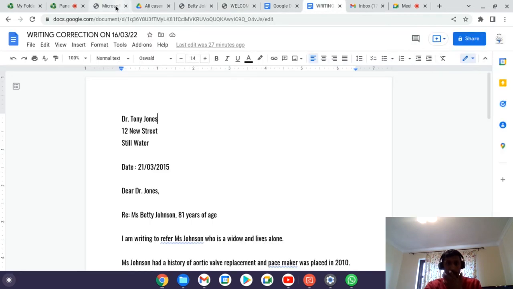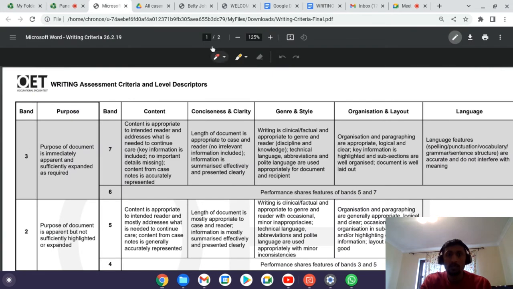Here you can see the purpose of the letter has a maximum band of 3, and all the other criteria have bands from 1 to 7. So the maximum band for these criteria is 7, only for purpose it is 3.